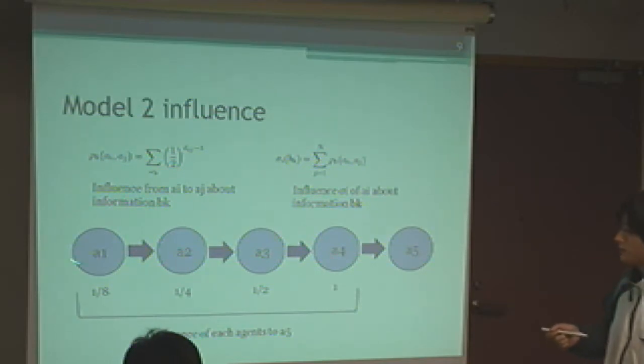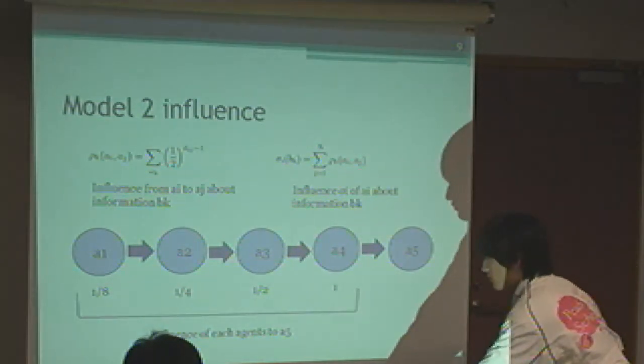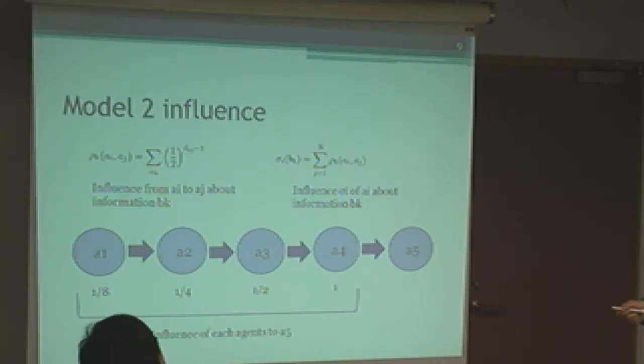Distance means when A1 has information Bk and the information goes this way, and finally, for example, A5 has Bk, and this Bk comes from A1. So the influence of A1 is here.